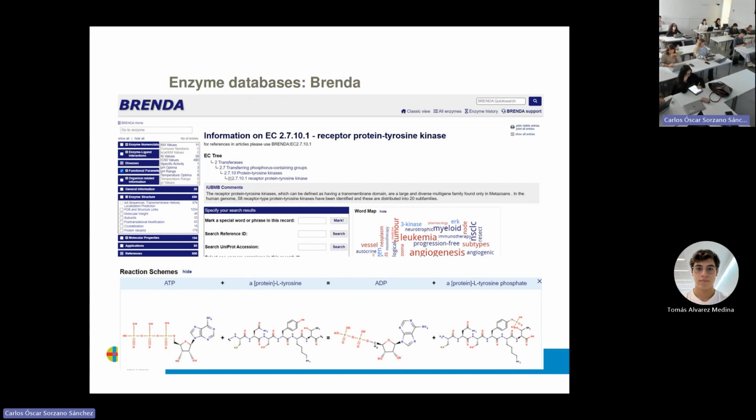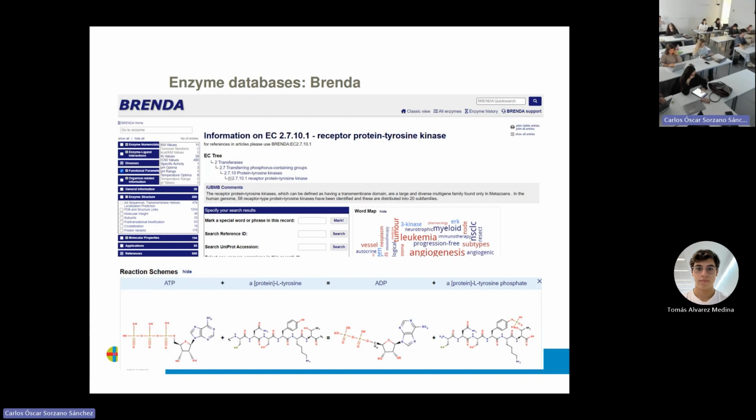Within the group of transferases, you have a set of enzymes that transfer phosphorus containing groups to the substrate. And then if you are transferring the phosphorus to a protein, then you are called a kinase. So this is the group of kinases that phosphorylate tyrosines and so on.